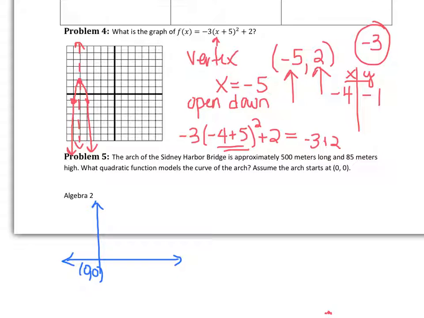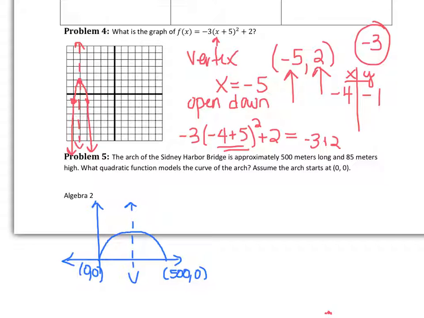Okay, so if I start at (0, 0), which is where the arch goes, and I'm going to go to 500 meters on the x-axis, and I know that the vertex point is on the axis of symmetry, which would be down the middle of that parabola.